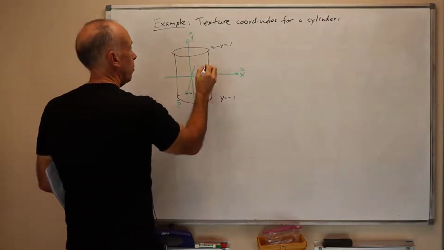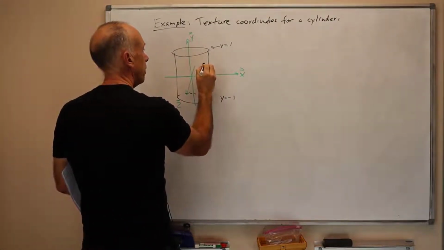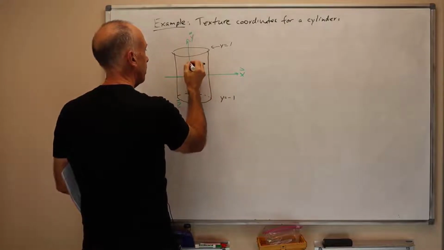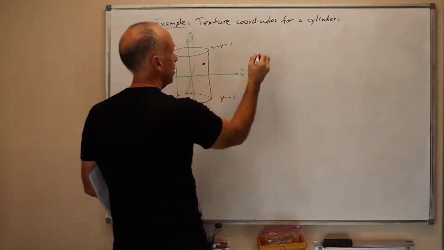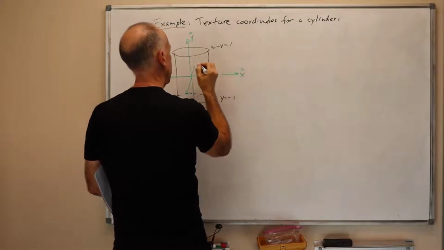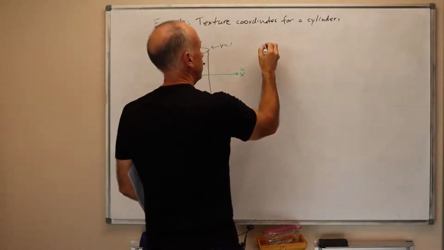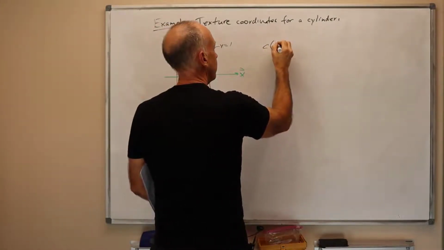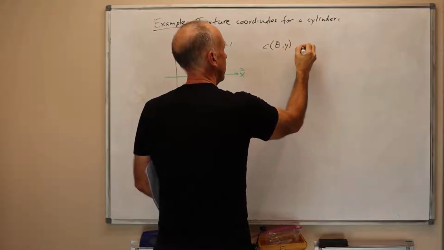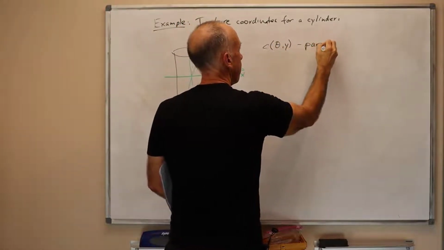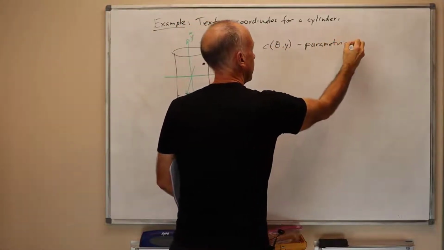A point on the cylinder is going to be specified by the height y and the angle theta. I'm going to use c of theta, y as a parametric equation for the cylinder.